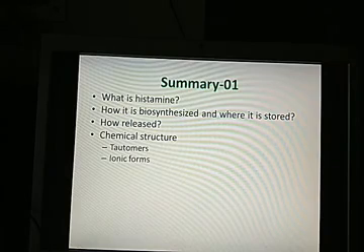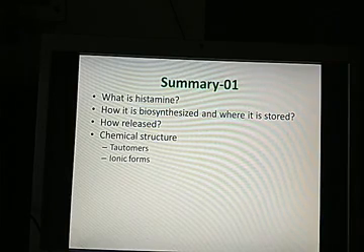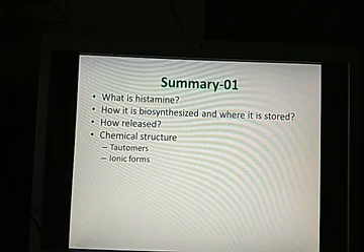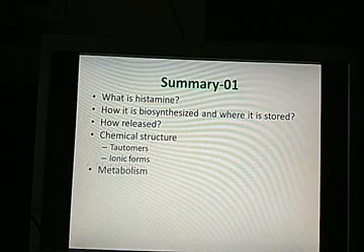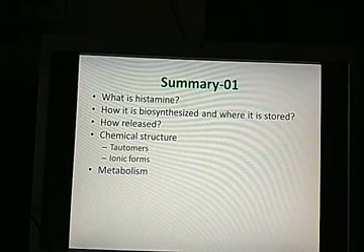Then we discussed the ionic forms. We have monocationic form and dicationic form. We also discussed that the N-tele tautomeric form is the active form, and in this form also, the N-tele monocationic form is the active form. Then we discussed the metabolism. In metabolism, we have two pathways.